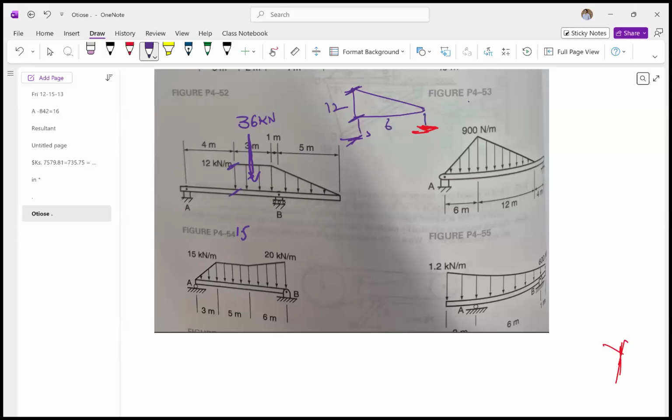So 12 times 6 multiplied by 1 half, that will be again 36, 36 at a distance of 2 meters from the 90-degree angle end. So 36 kilonewton again.